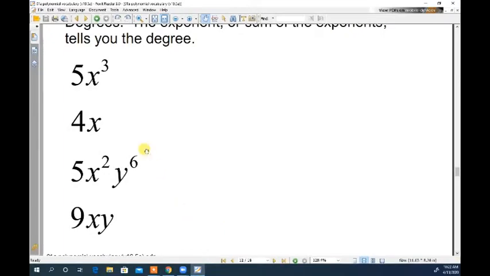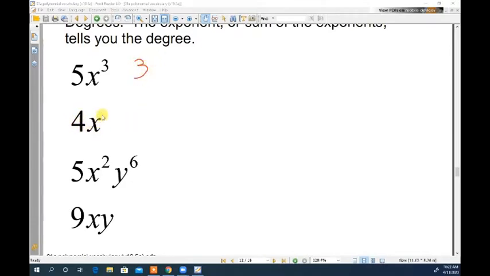So let's go through these together. I'm going to write on my screen. This is 5x to the third. That's a third degree. Let me get my writing tool here. So this is a third degree.